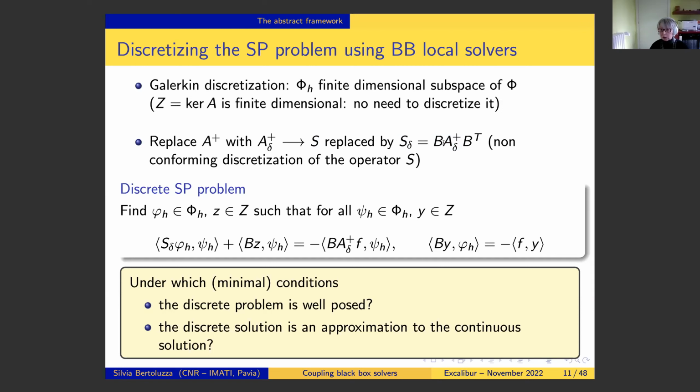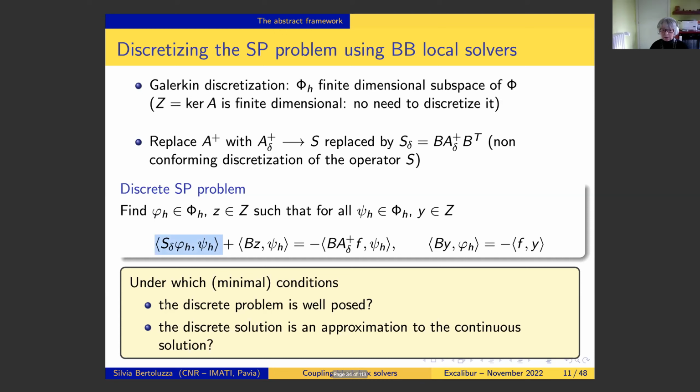Remark that I could also think of approximating B and B transpose, but for simplicity, I stick to approximating only the solution step. Okay, and this A plus delta will be my black box solvers. If I do this, I end up with a discrete problem that is in saddle point form, where I have a Galerkin type formulation with a non-conforming approximation of the bilinear form, which is this object here.